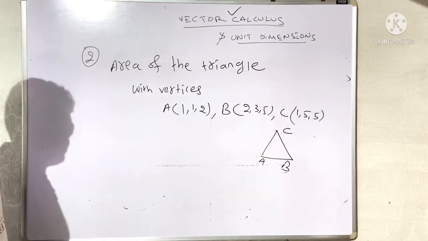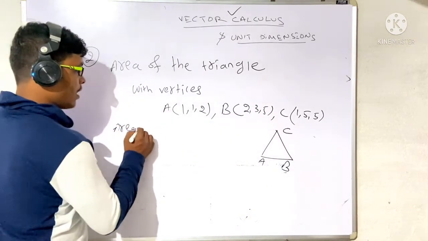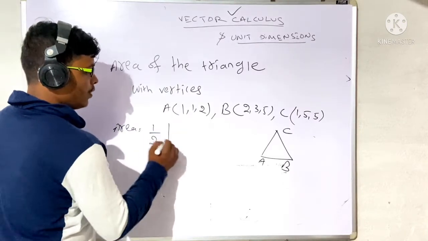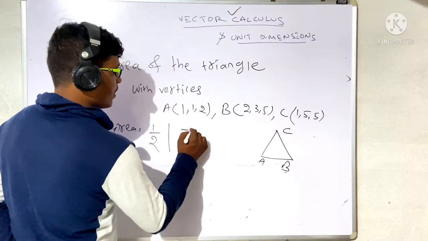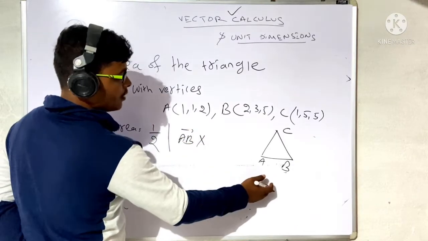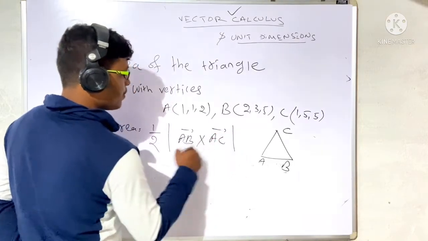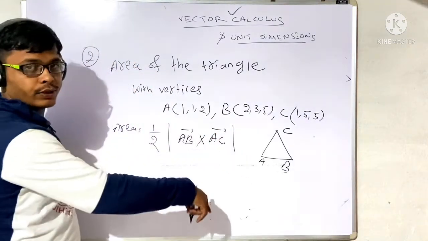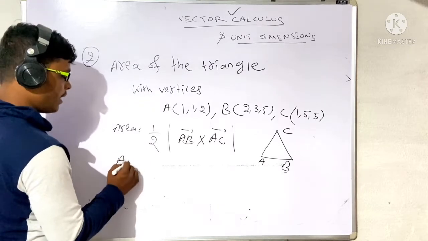Remember, we described it in the previous classes. So area will be half into the cross product of vector AB and vector AC, then take the magnitude. So how do we find AB vector?